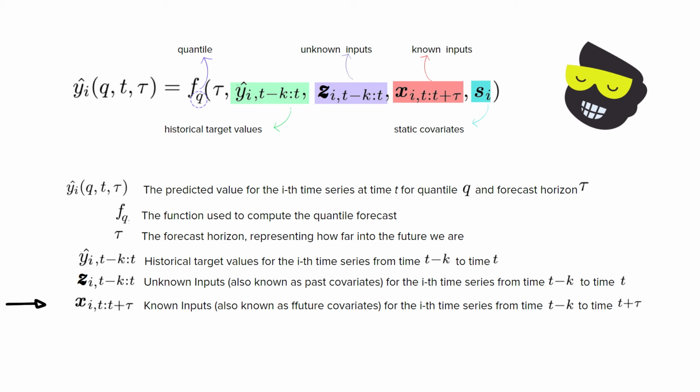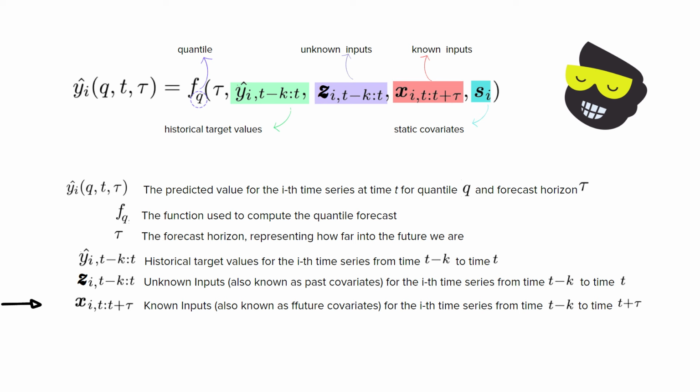And then we have static covariates for the ith time series. And these are features that do not change over time and provide context for the model. Location, type of product, anything that's static does not change over time. Therefore, when it comes to the forecast, we predict for multiple forecasting horizons.